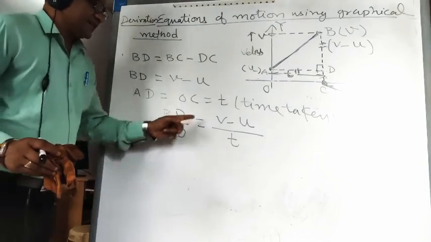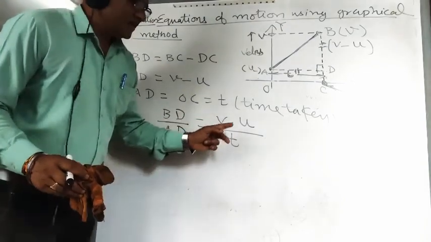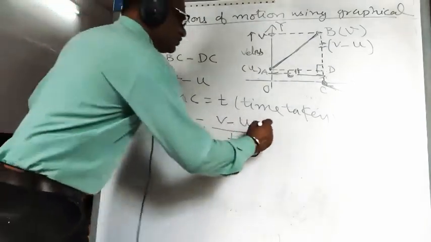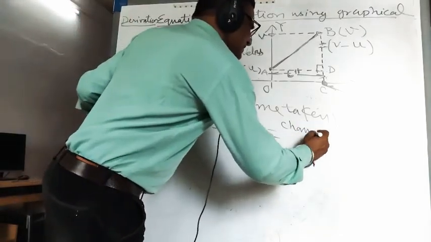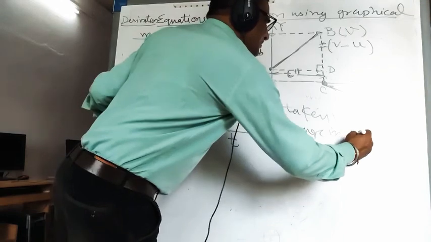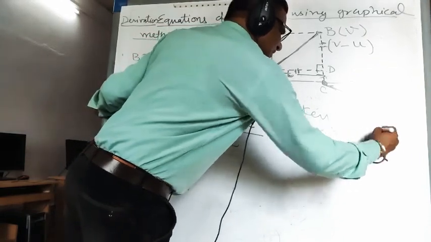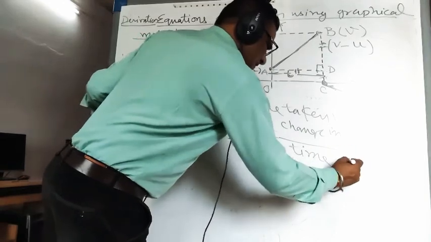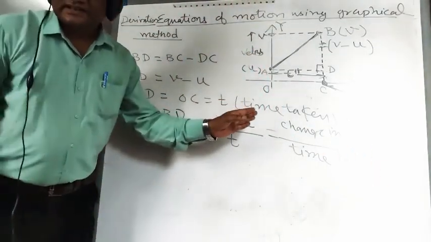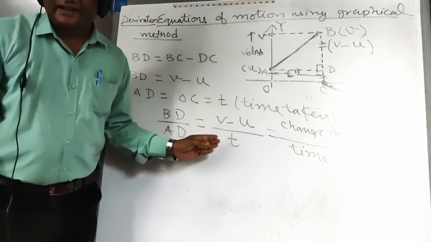BD upon AD is equal to v minus u upon t. V minus u by t means change in velocity divided by time taken. Change in velocity upon time taken.